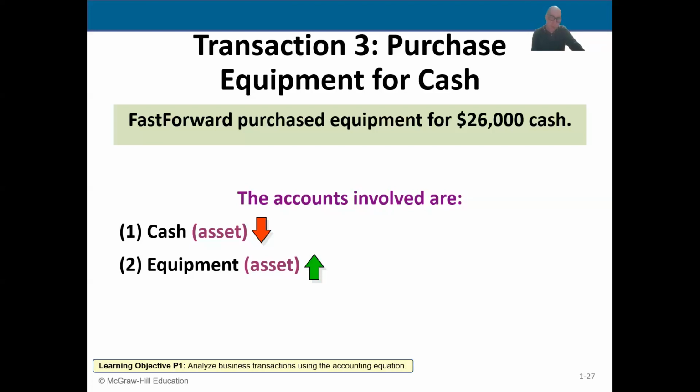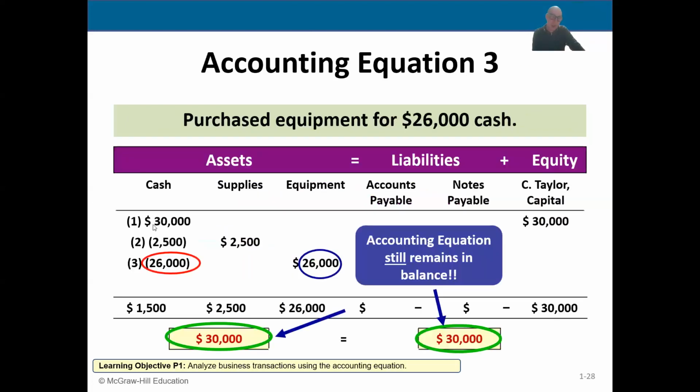They're both asset accounts. Just as the previous example, the assets remain in balance. Cash came down by $26,000, equipment went up by $26,000. We still have $30,000 in assets, which equals liabilities plus equity of $30,000, which came from the equity investment.